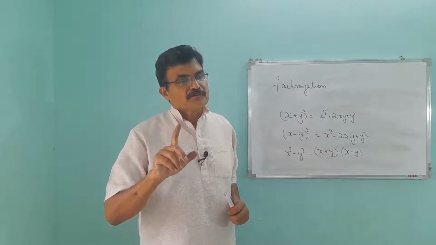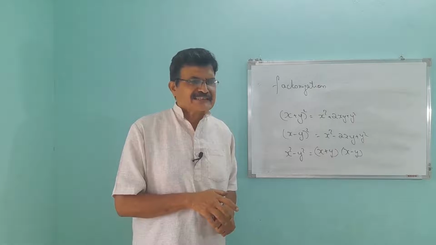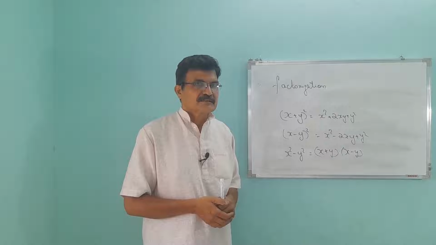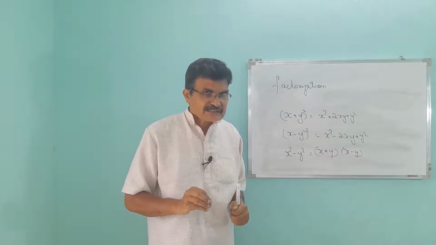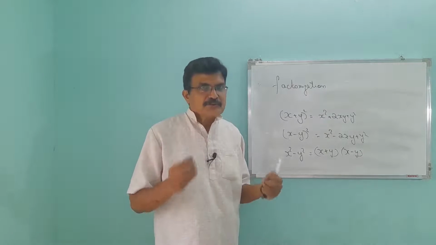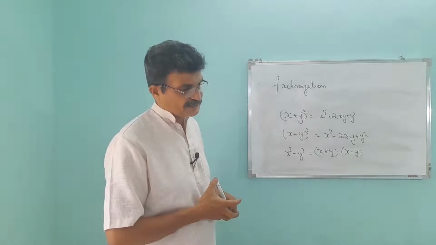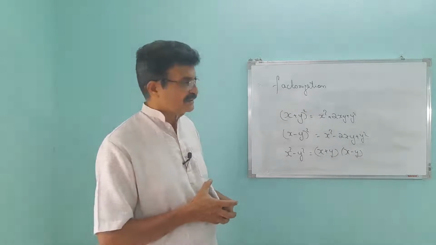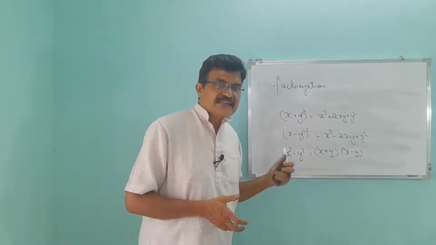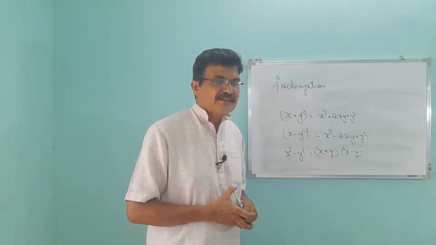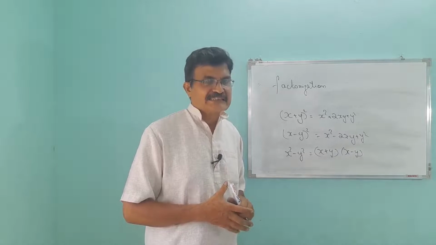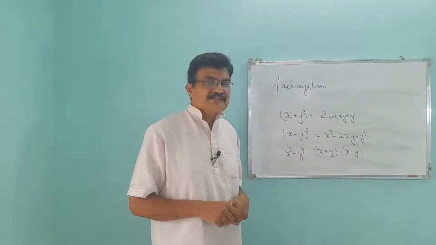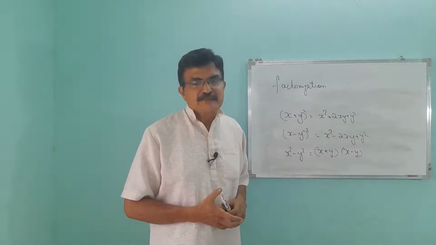Don't forget what is meant by factorization: decomposing the given expression into simple terms. The aim of factorization is to evaluate an expression. Evaluation means we have to find some values from that expression. What are identities? I have already told you in earlier classes the difference between an identity and a formula. An identity is an equation which is true for all values of the variables in that expression.